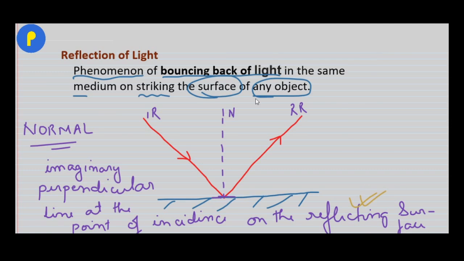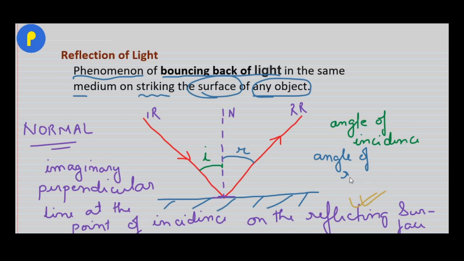Here we will also discuss one thing: the angle made by the incident ray to the normal is called the angle of incidence, and the angle made by the reflected ray to the normal is called the angle of reflection.